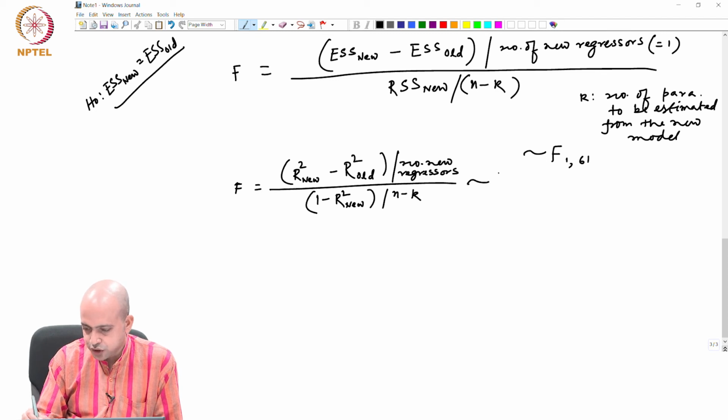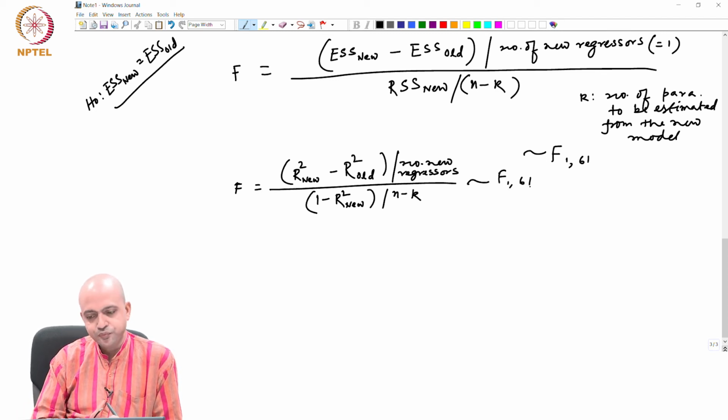That also follows F distribution with 1 and 61 degrees of freedom.